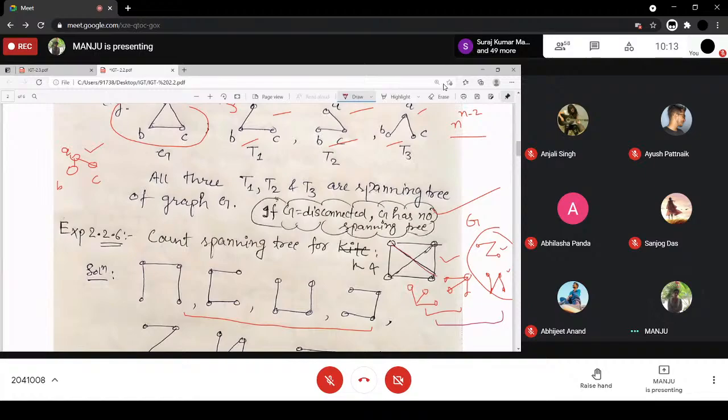Okay, clear? And four more. The total number of spanning trees for K4 will be 4 raised to power 4 minus 2. So 4 raised to power 2, 16. List all these 16 in this graph.